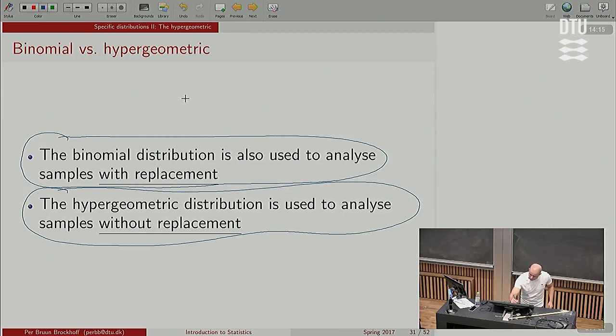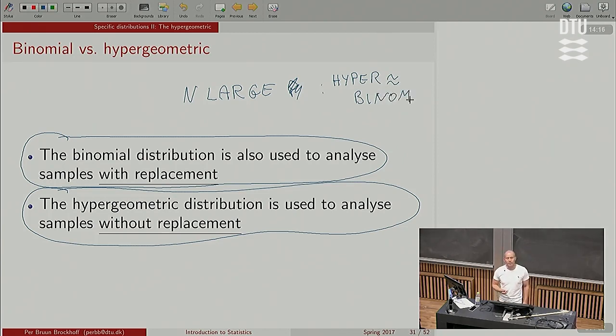The thing is, if the n is very large, right? If we have a large population, we'll get back to those, then we could say hyper almost equal to the binomial, to be a bit loose in my formality here, right?